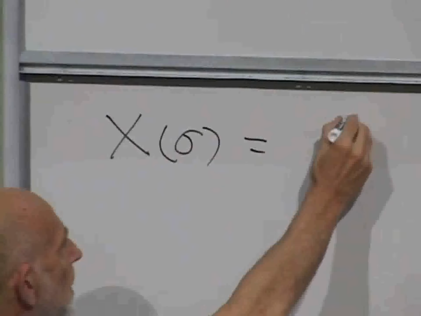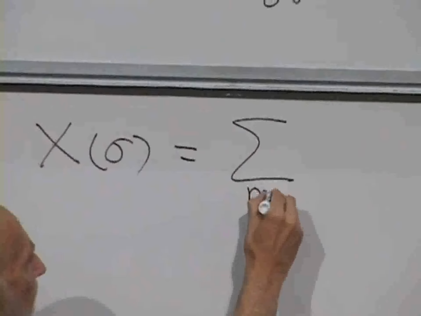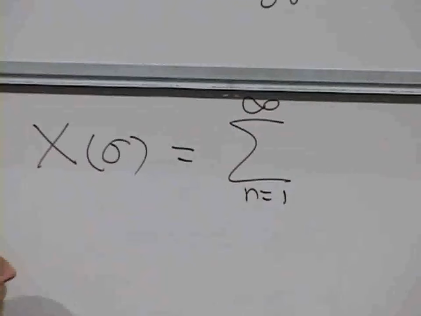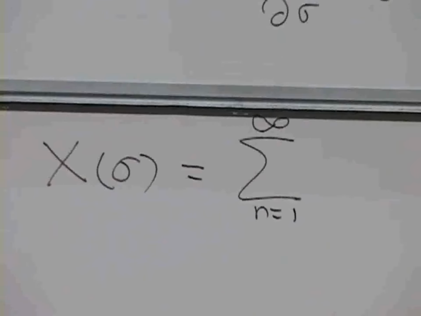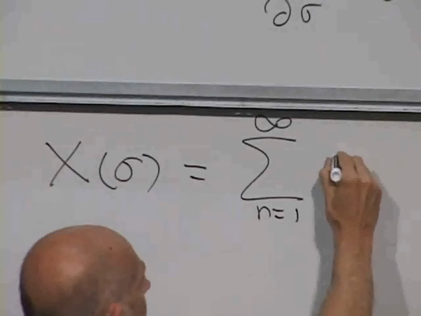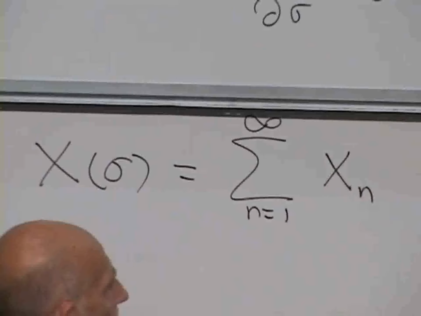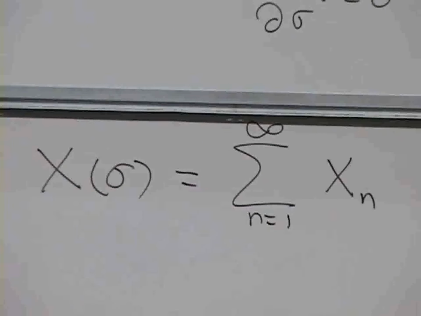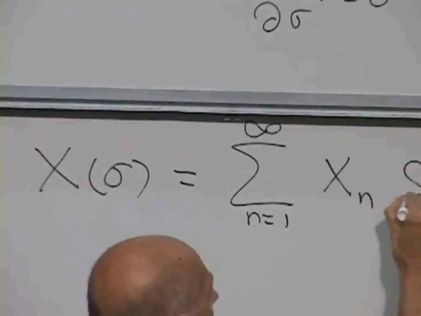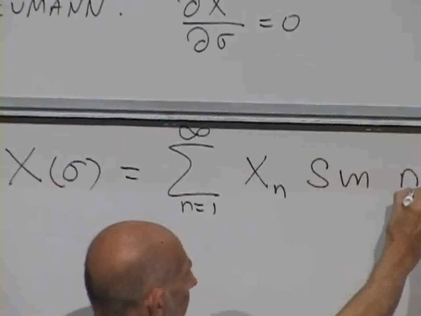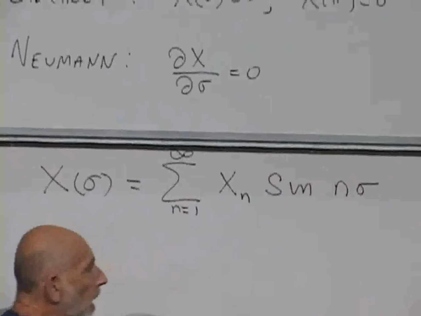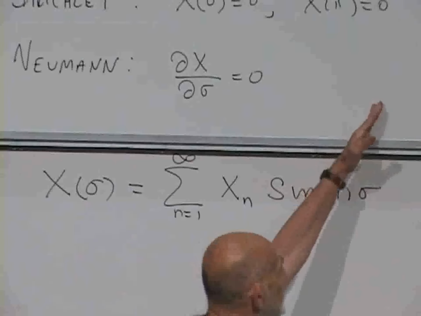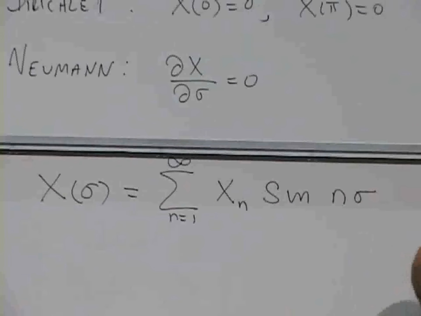Can be written as a sum from n equals 1 to infinity of coefficients, x sub n, times sine of n sigma. Why sine? Because sines are the functions which vanish at the endpoints. Sine of nx for any n is 0 at x equals 0 and x equals pi.